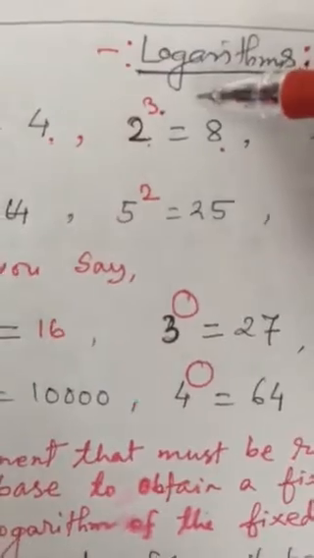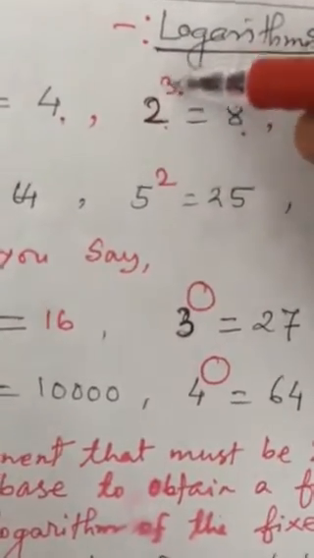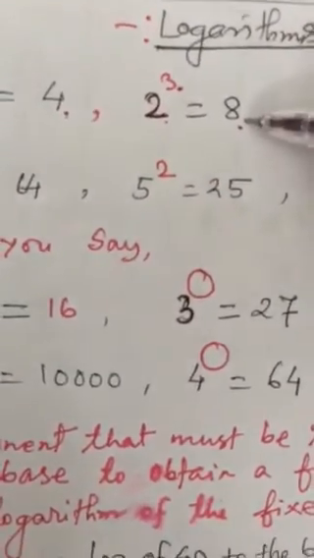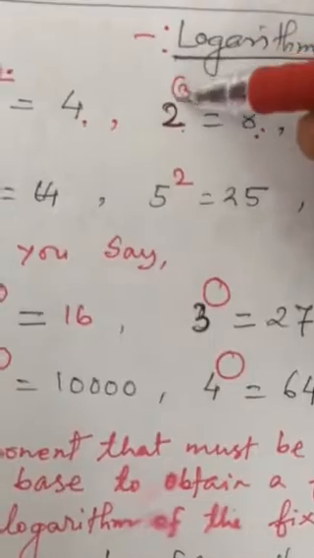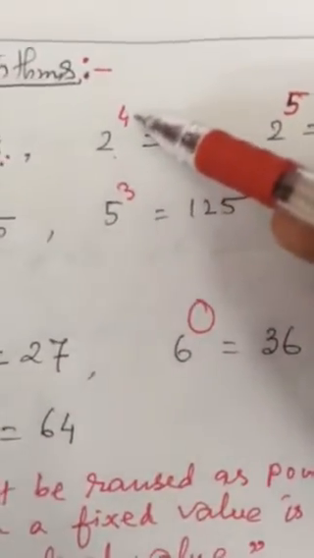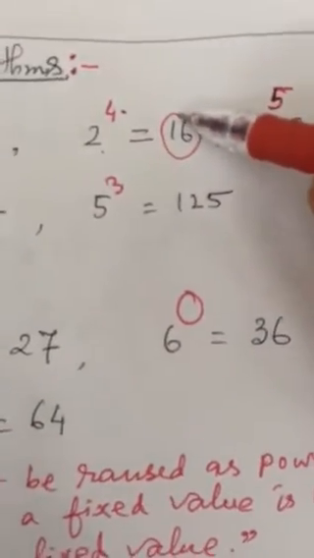It means for which exponent of this base the value comes 8. When 2 is raised to the power 4, the value comes 16.